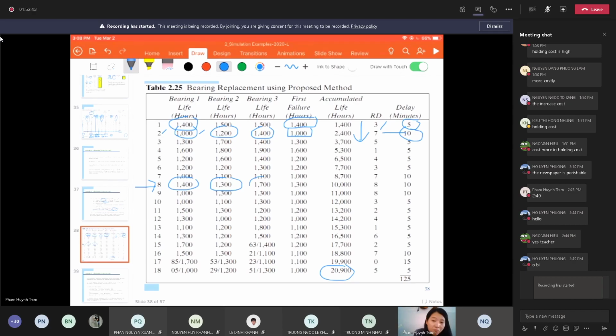So in this case, bearing 2 failed first. This is the first failure. So we call for service, replace all 3 bearings, which takes us 10 minutes. We stop the simulation around 21,000 hours and we calculate the sum of delay time for this method.